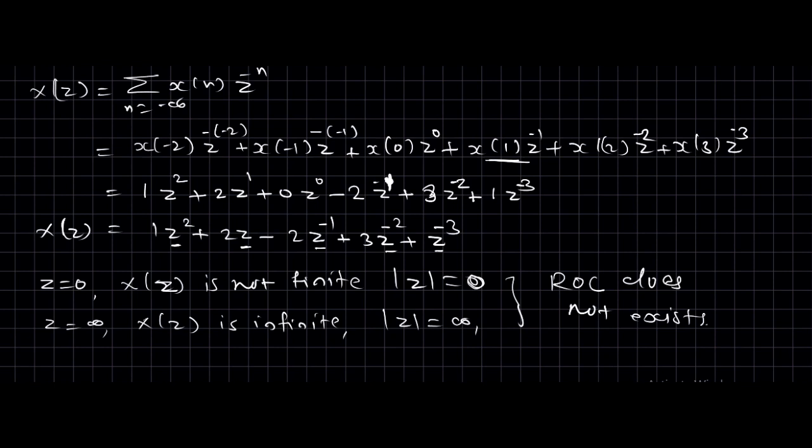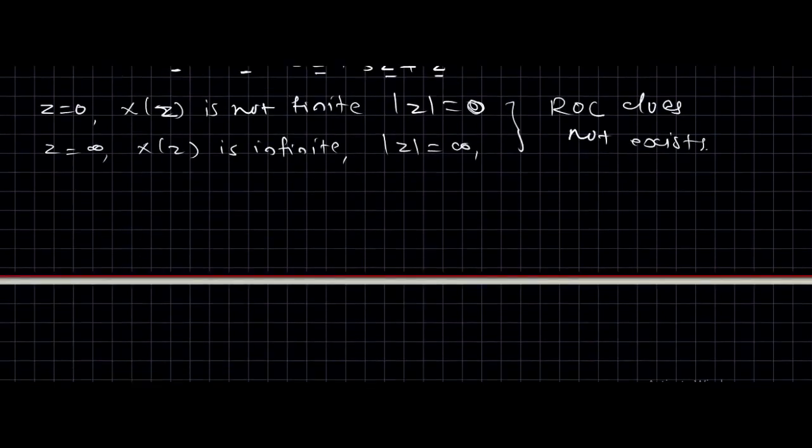We can show that except these points, the complete region is the region of convergence of X of z. So this is the representation: here is the infinity.